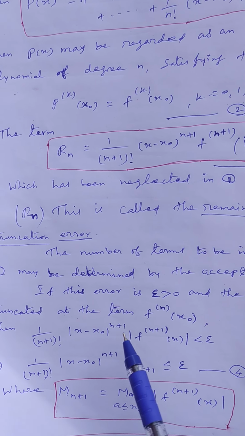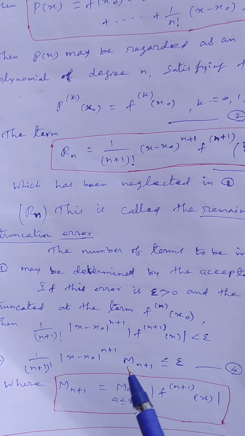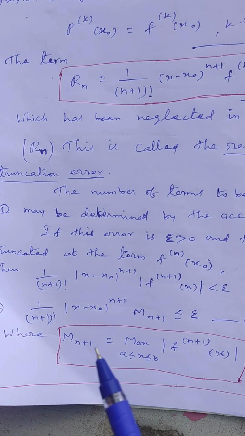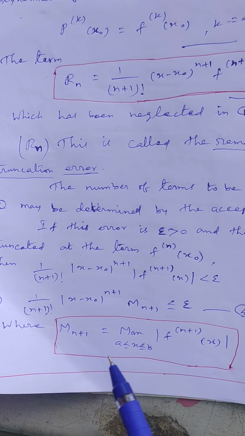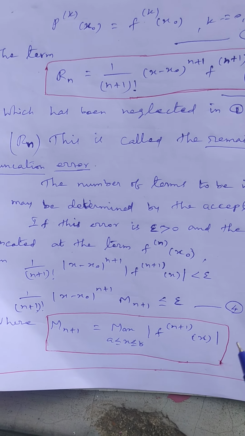Here we take the modulus of the (n+1)th derivative of f(x) as M_(n+1), where M_(n+1) equals the maximum over the interval [a, b] of |f^(n+1)(x)|.